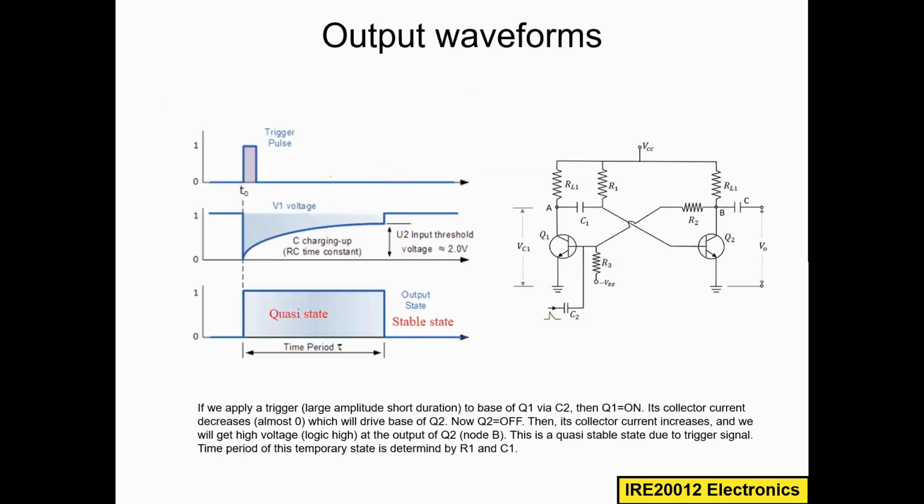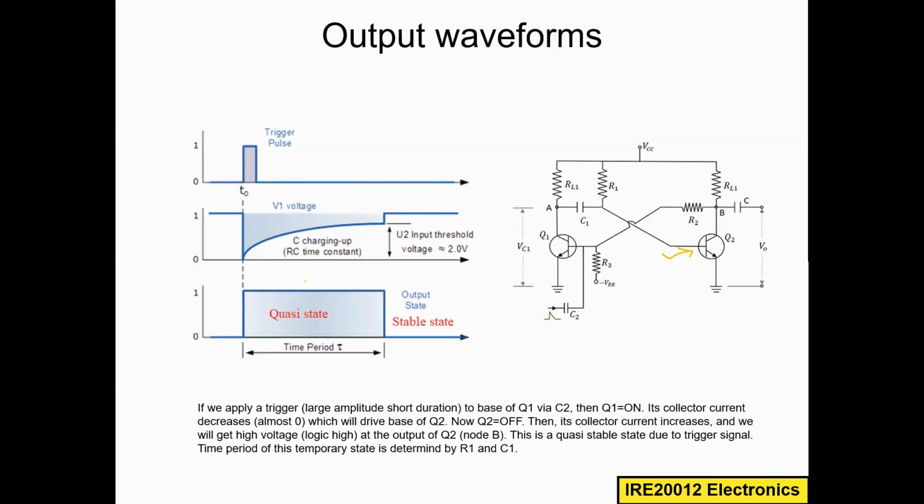And output waveforms. Whenever you apply the trigger signal, the capacitor starts to charge slowly and linearly. Once it is fully charged, if the voltage is more than the threshold value of this transistor, then it will turn on the other transistor.